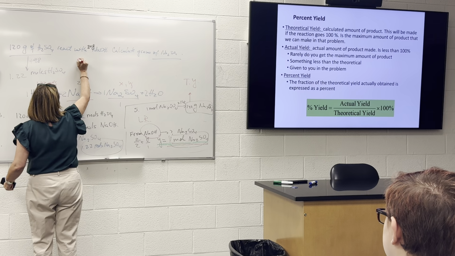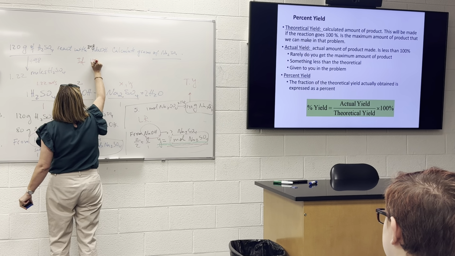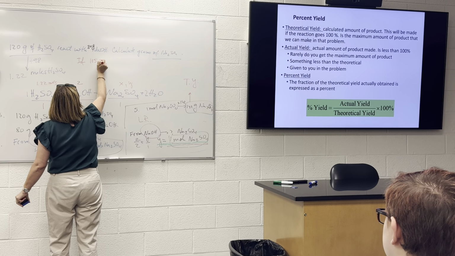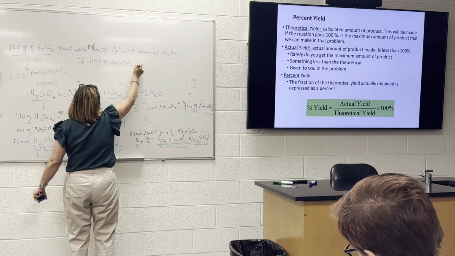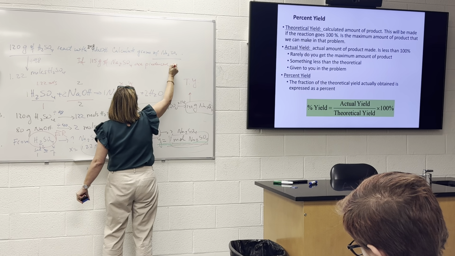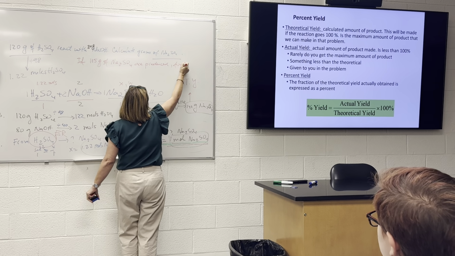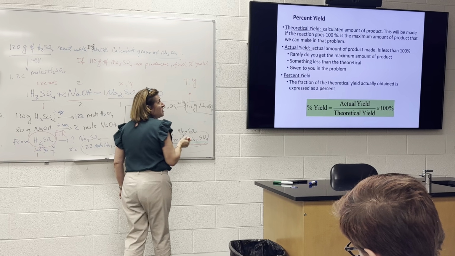So I'm going to add something to the problem. I want to say this: if 150 grams of Na2SO4 are produced, find the percent yield. So what is the percent yield?